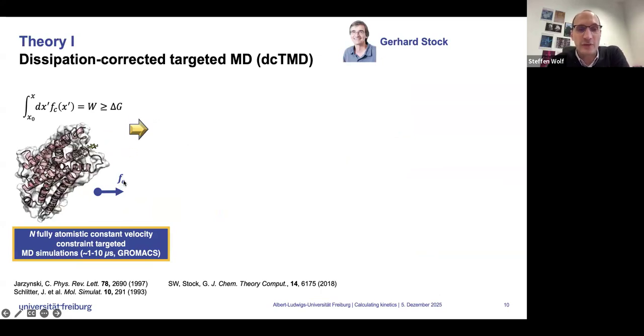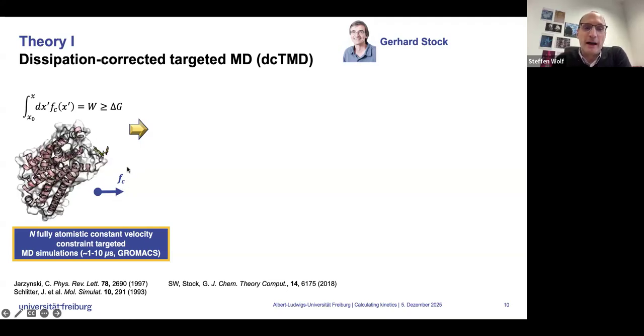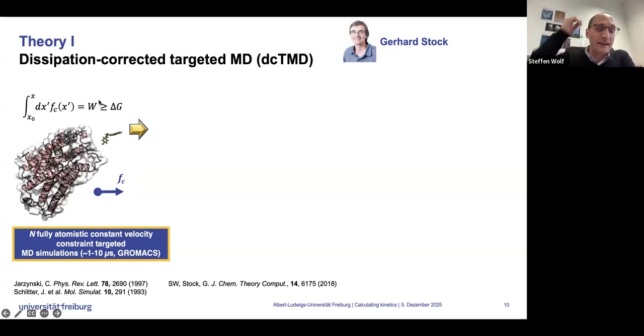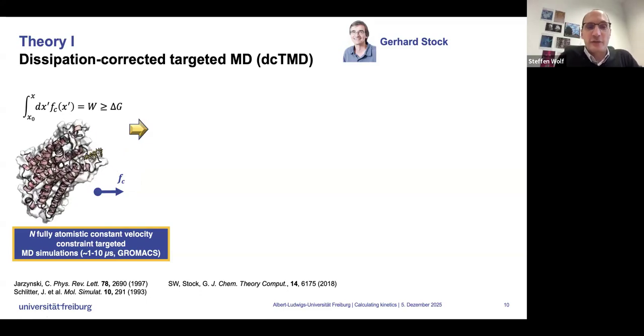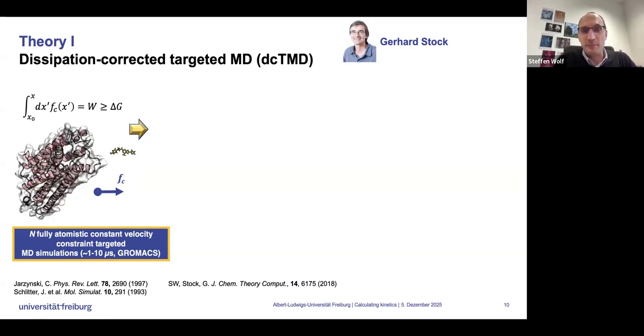This constant velocity constraint is employed by a force, which the constraint applies to ensure this continuous velocity motion. And if we integrate this force over this pulling distance, we end up with a work that we need to pull out the ligand. However, this work, of course, is under these conditions larger than the free energy for the same process, because we do this within a finite time, because it's a non-equilibrium simulation.